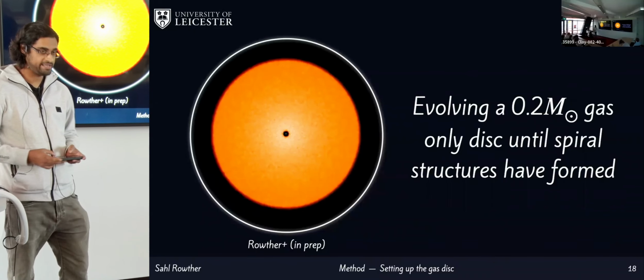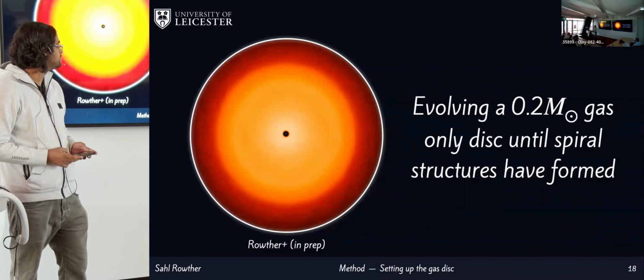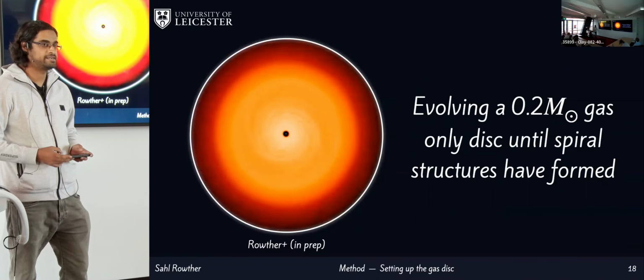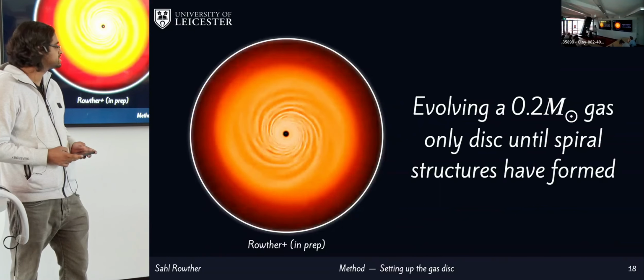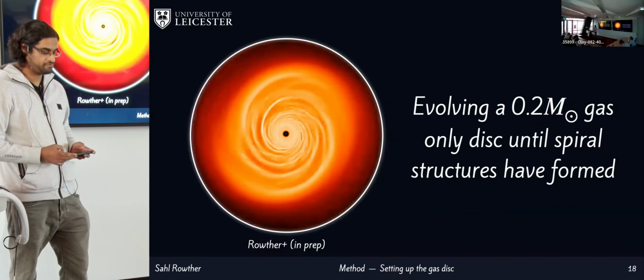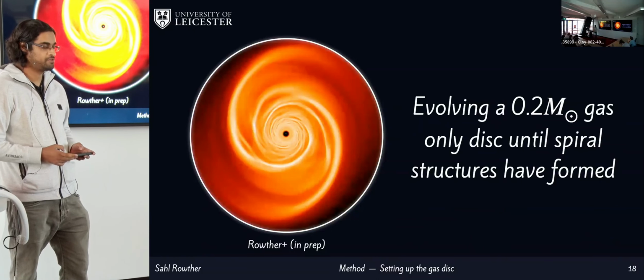So we start by evolving a gas-only disk until the disk becomes gravitationally unstable and forms spiral structures, and this is to just get rid of any artifacts from the initial conditions.